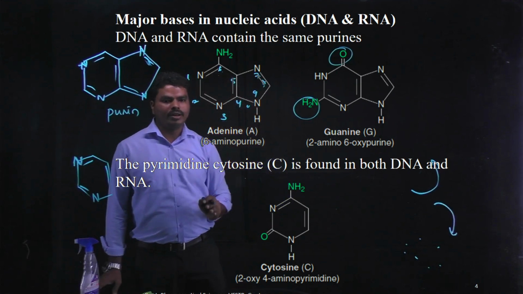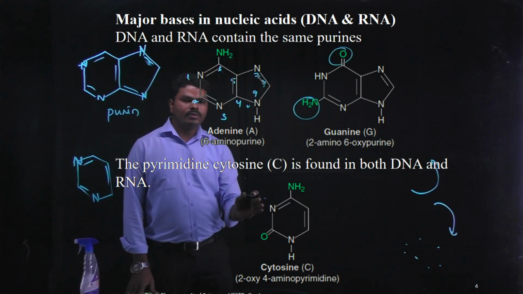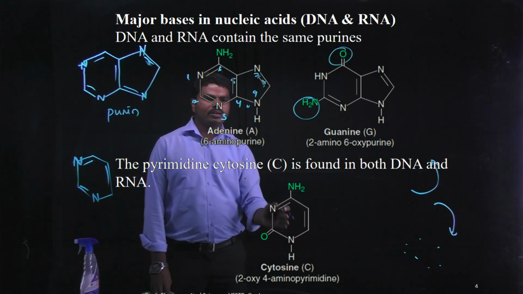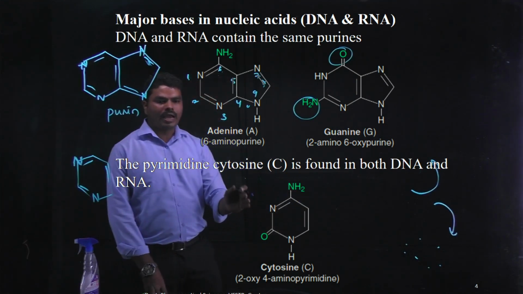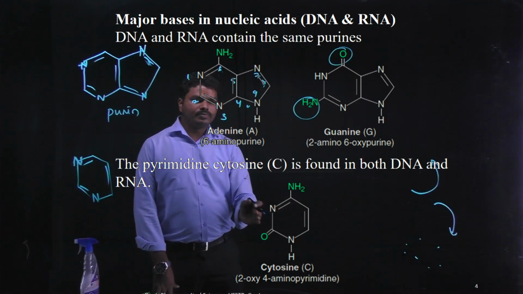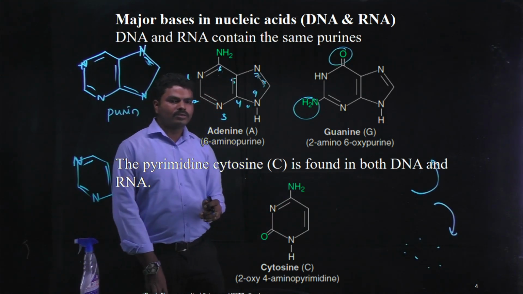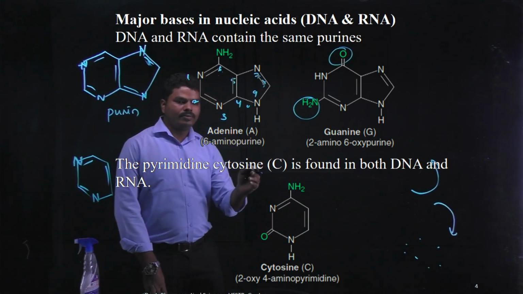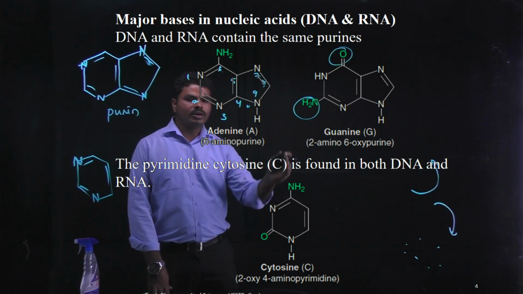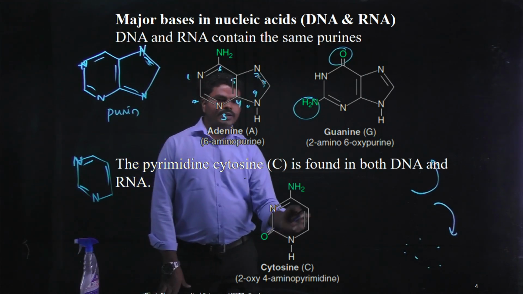And coming to the pyrimidines, it has the heterocyclic ring having the 2 nitrogens. Along with 2 nitrogens, if it has a carboxyl group at the 2nd position and an amino group at the 4th position, then it is called cytosine.